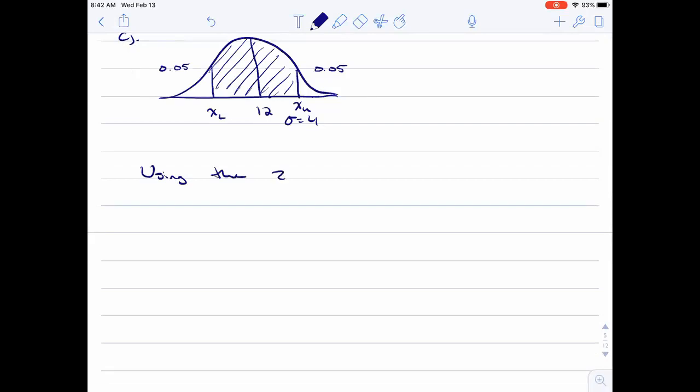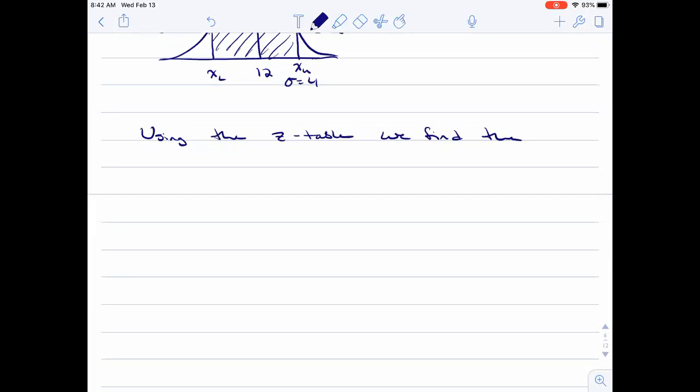Using the Z table, we find the table entry closest to 0.05 is, here's one of those where we land evenly between two, so it's either 0.0505 or 0.0495.